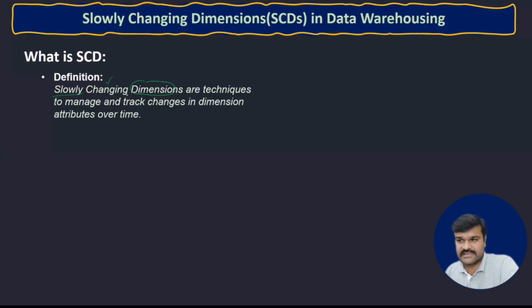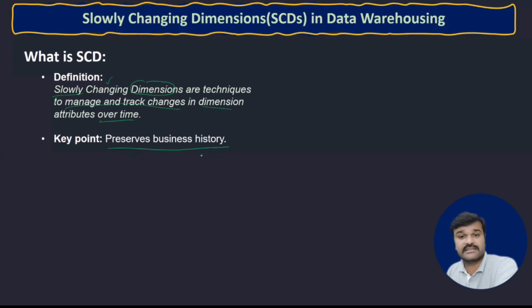A simple understanding: SCD techniques manage and track the changes in dimension attributes, in those columns. So how this data changes over time and how you are going to manage it. The key point here is that it preserves the business history. So for a customer, what the previous address is and what the current address is, sometimes you need that. And for some columns you need not bother about the history.